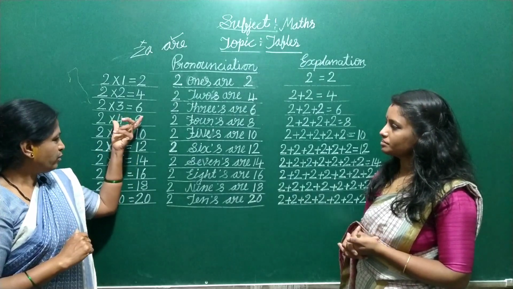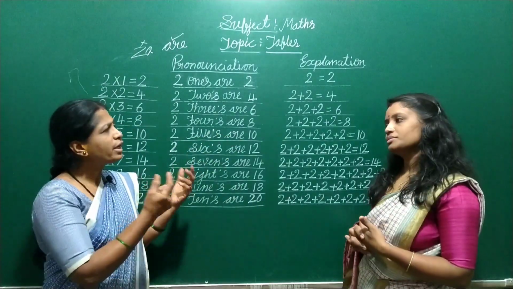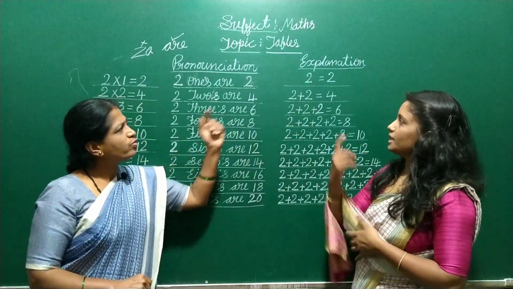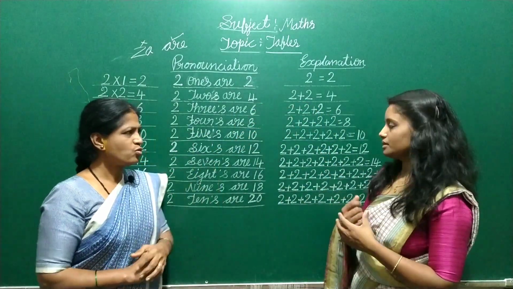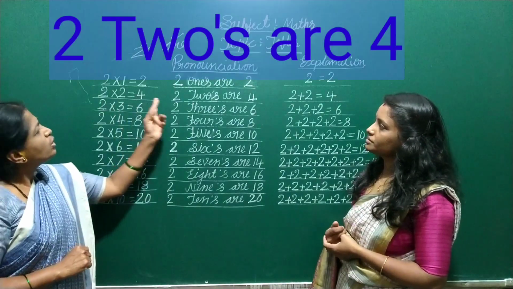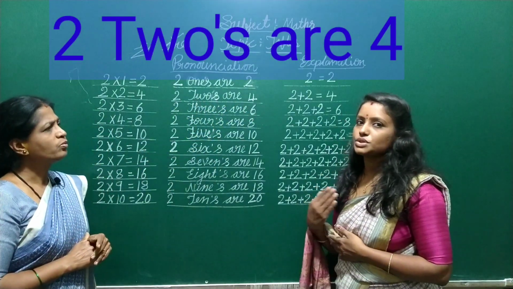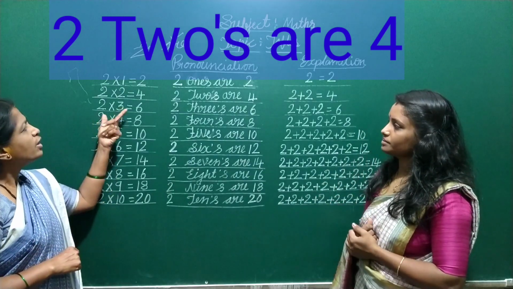Multiplication is nothing but repeated addition. You can see here, 2 times 2 is 4. When you add, you will get 4. Two twos are four. Two twos are four.